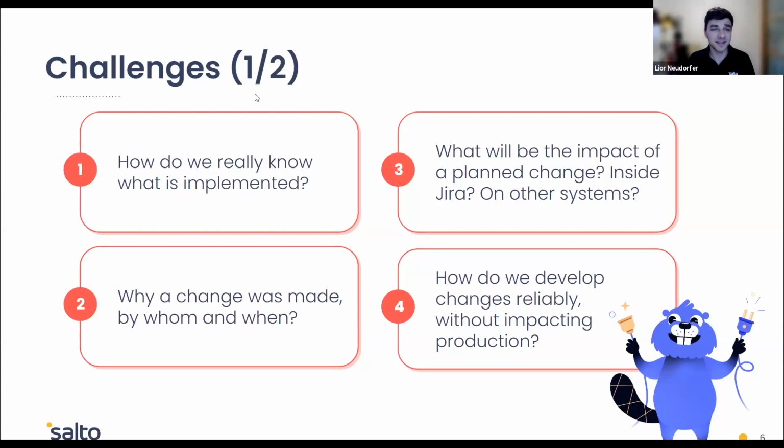Maybe there's some integration between Jira and Salesforce, which now when you do your change will silently stop working, and you'll discover it maybe 3 days afterward. Which brings me to the next challenge. How do you develop your changes and test these changes reliably without impacting production?